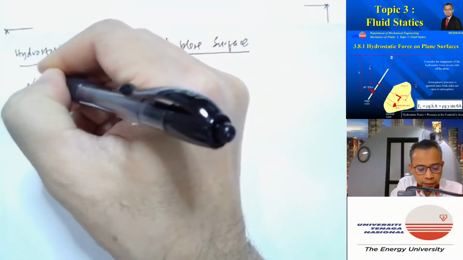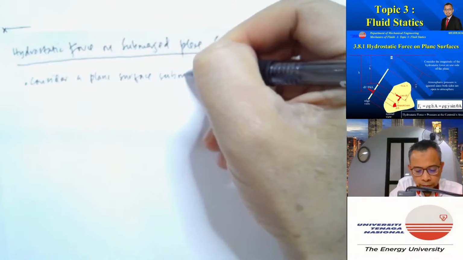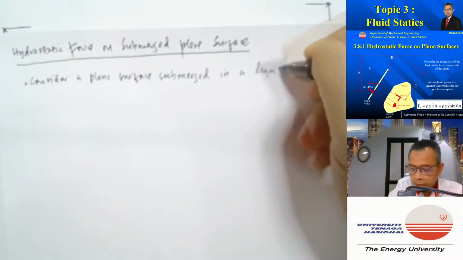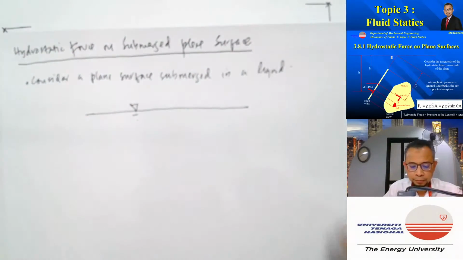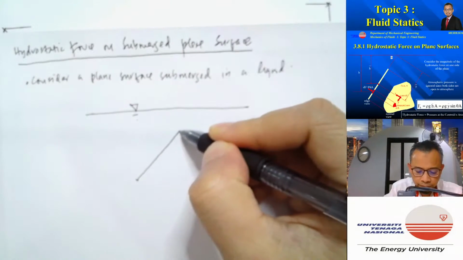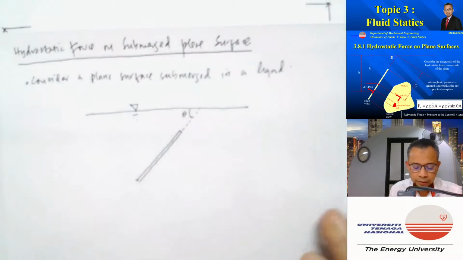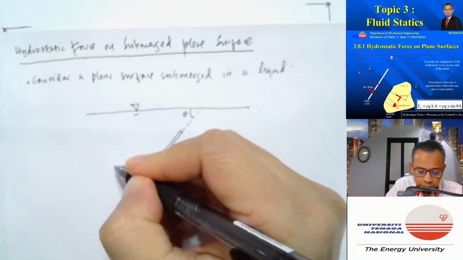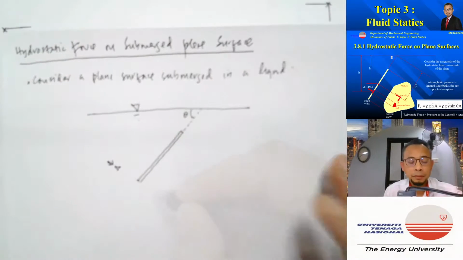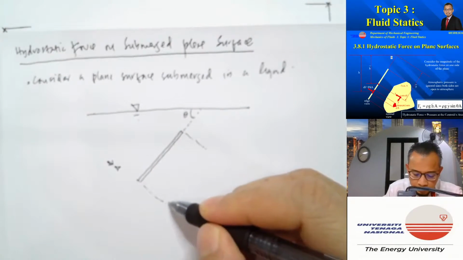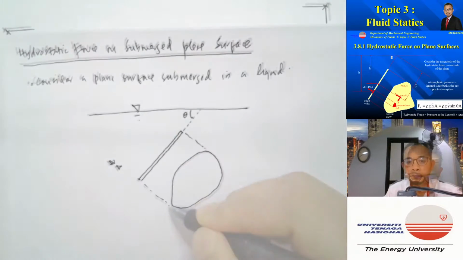So let's consider a plane surface submerged in a liquid. So let's say this is the plane surface. And let's say this is the edge view of the surface. So it's slanted at an angle theta. And let's say if you view from normal to the surface, you will get a surface that looks like this.